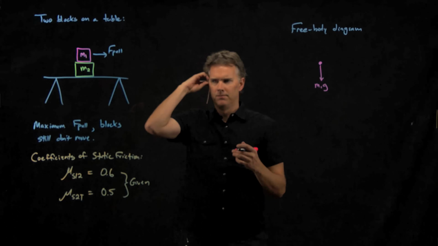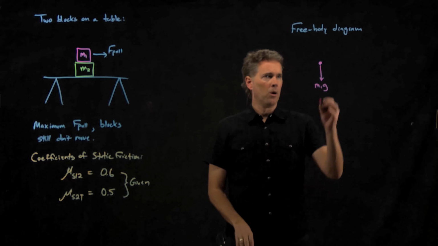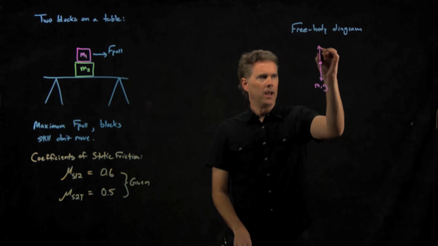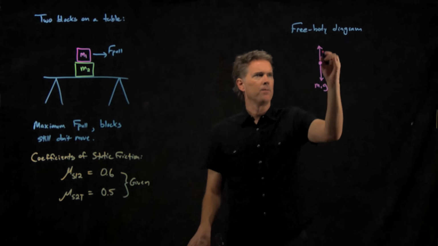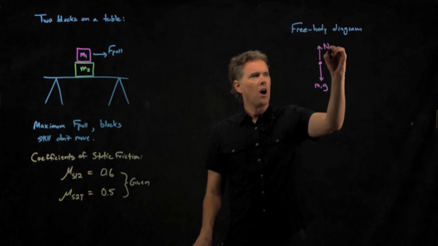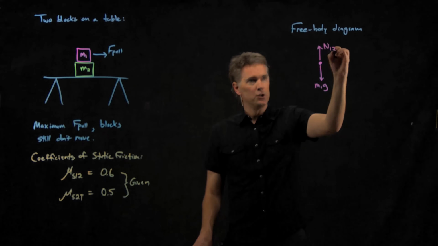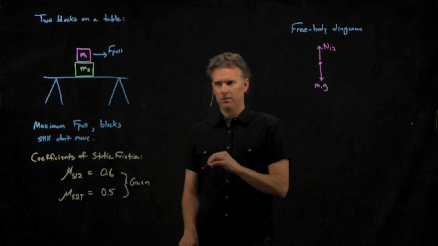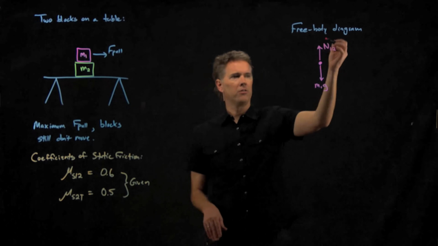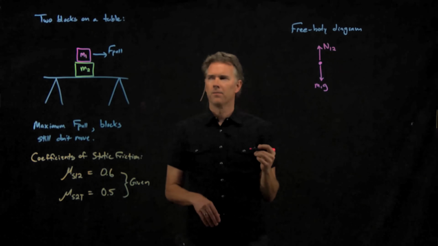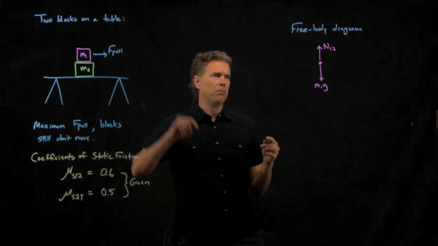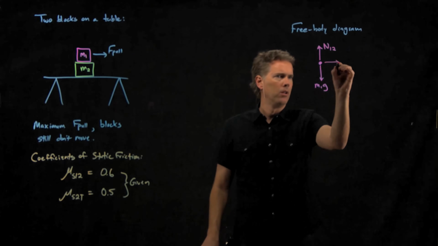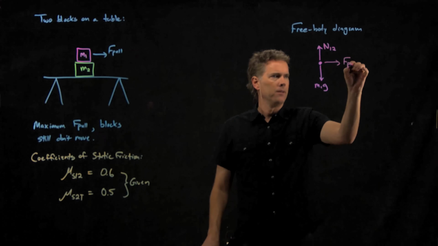What else? Normal force, and this is where we need to be specific about which normal force we're talking about. Normal force on block 1 due to block 2. Okay? Normal force on 1 due to 2. What else? Well, we said we're going to pull it, right? F pull. So that's to the right.